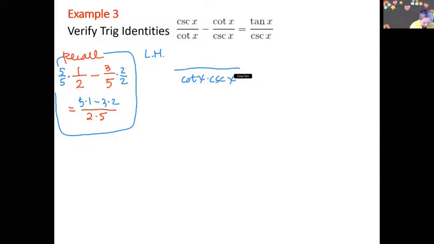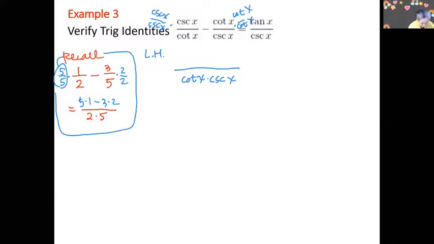Then I multiply the first one by cosecant x over cosecant x, just like we did 5 over 5, and the second one by cotangent x over cotangent x.